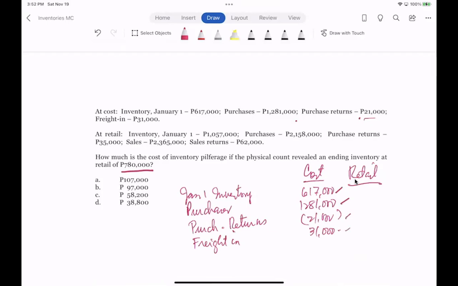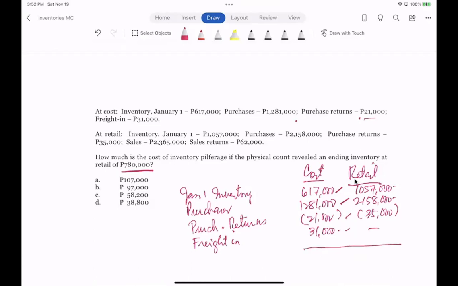At retail, inventory January 1 is 1,057,000. Purchases amounted to 2,158. Purchase returns amounted to 35. Of course, there is no equivalent for freight in.